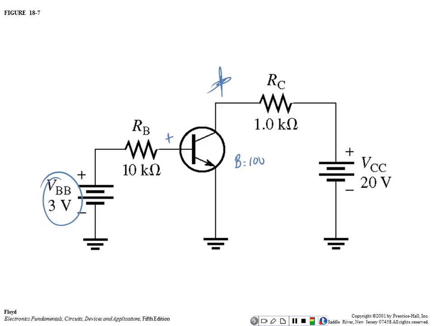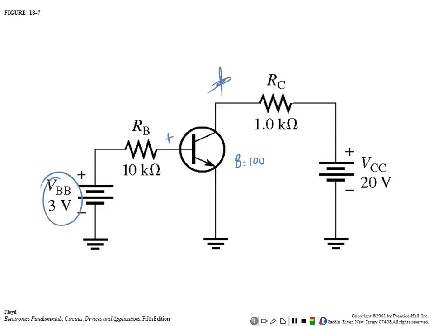Now we've got to figure out what region it's operating in. So what's the next thing I'm going to do? Anybody got any ideas? We've got to calculate a current, right? Which current can I calculate right now? Not current I, we're dealing with I. What current can I calculate?